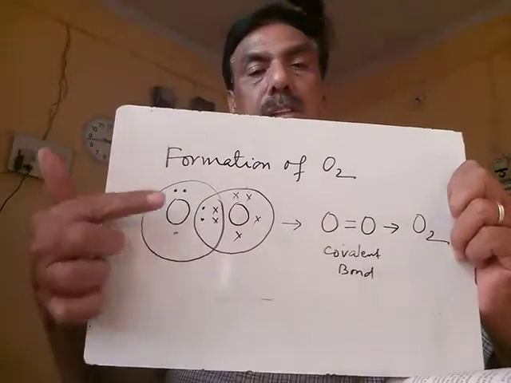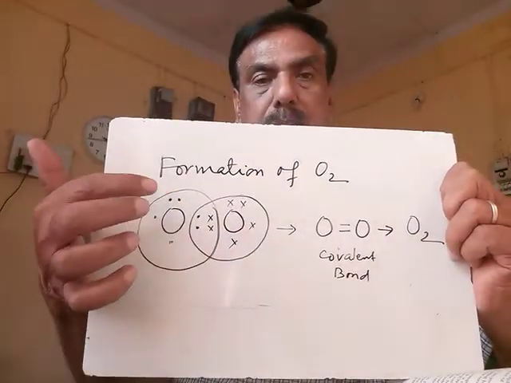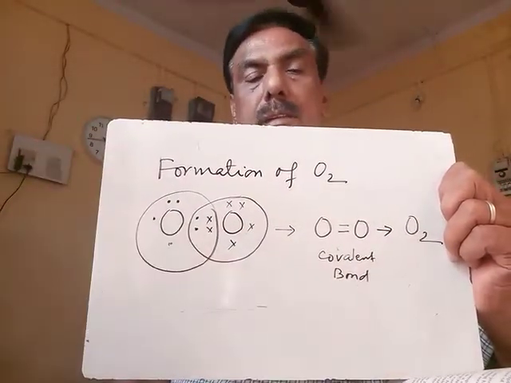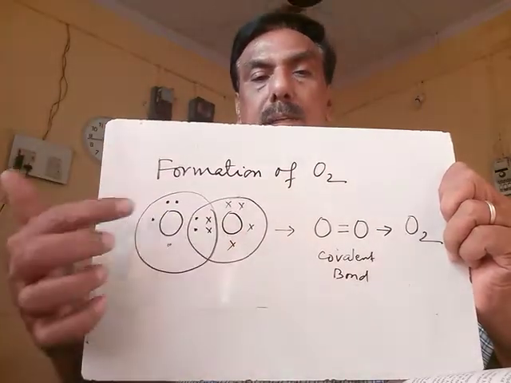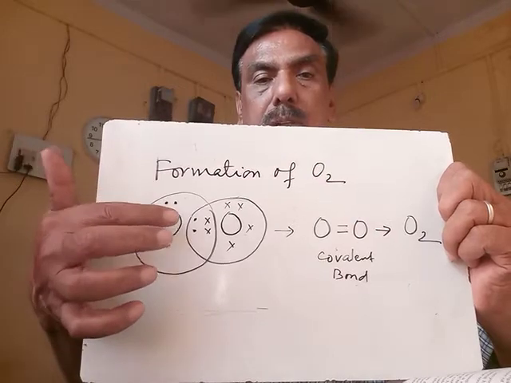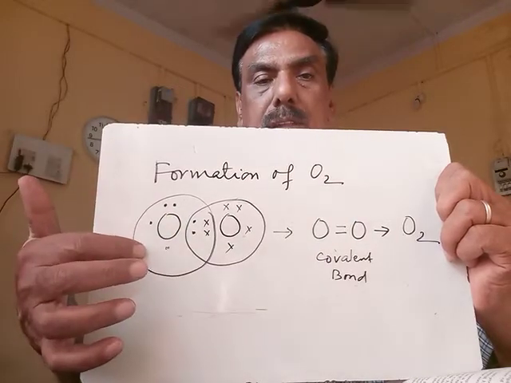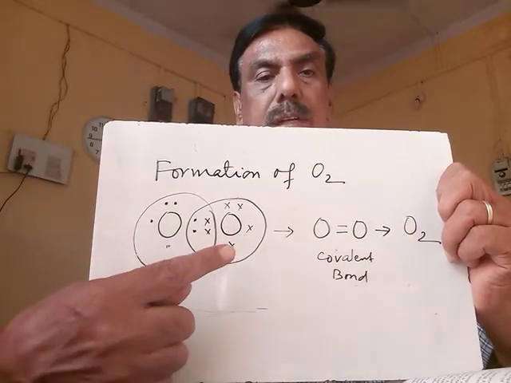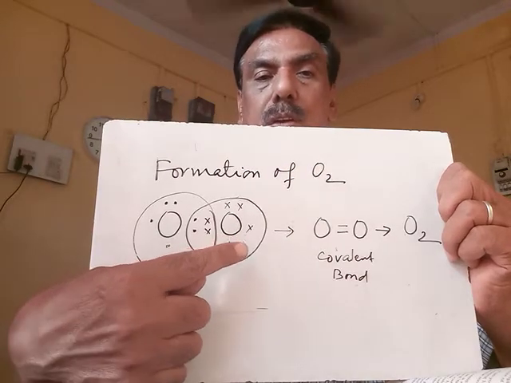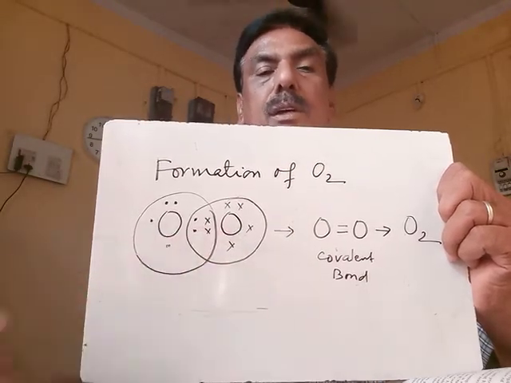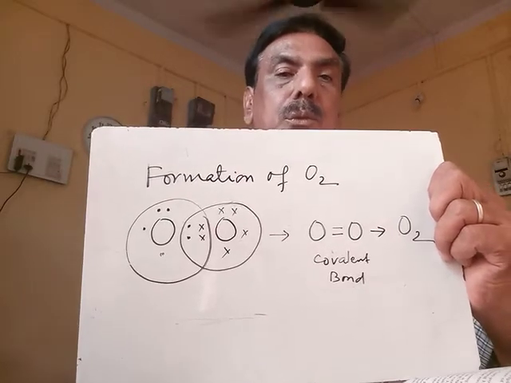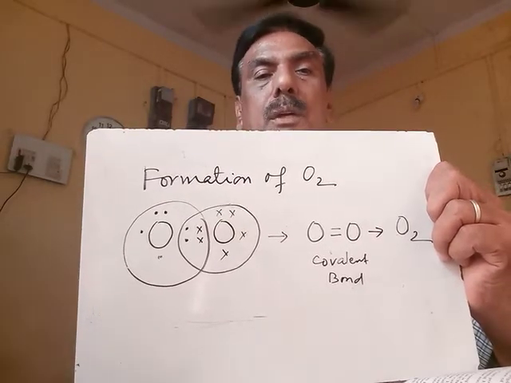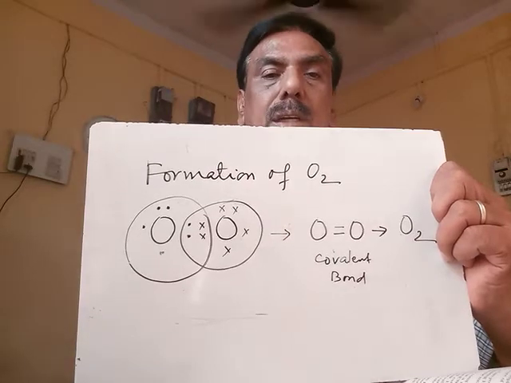This dot represents the electrons of this oxygen atom, and the crosses represent the electrons of the other oxygen atom. Each oxygen is sharing two electrons to make a double bond.